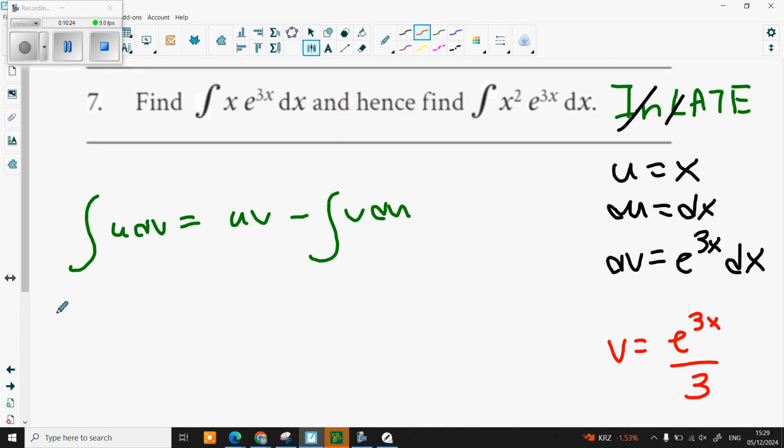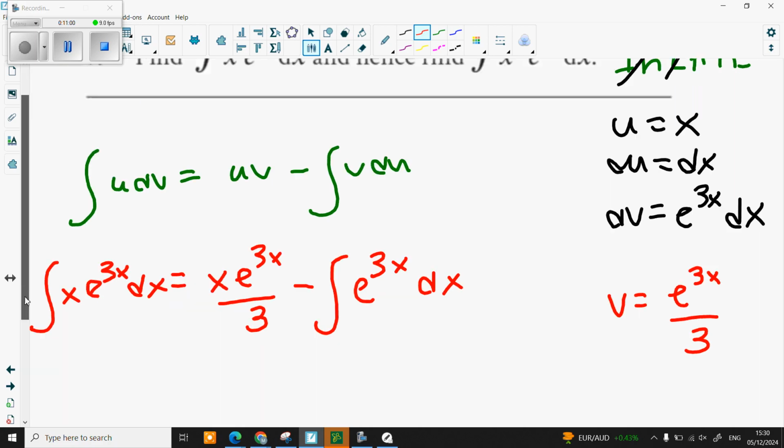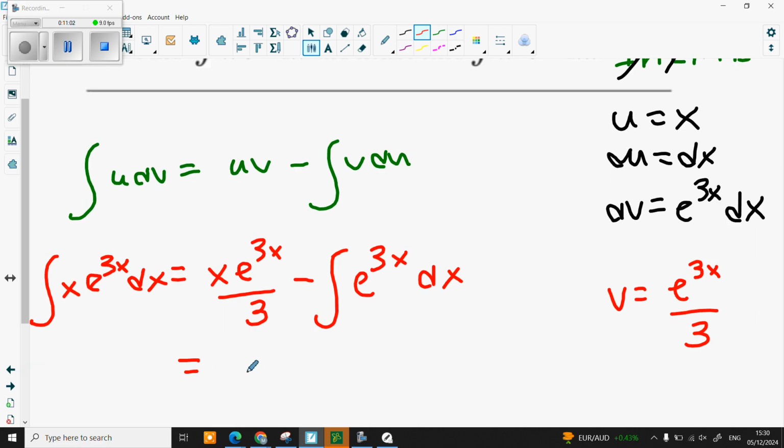Fill out our formula. The integral of x e to the 3x dx equals u times v, x times e to the 3x all over 3, minus the integral of v du, and we get the integral of e to the 3x over 3 dx, right?